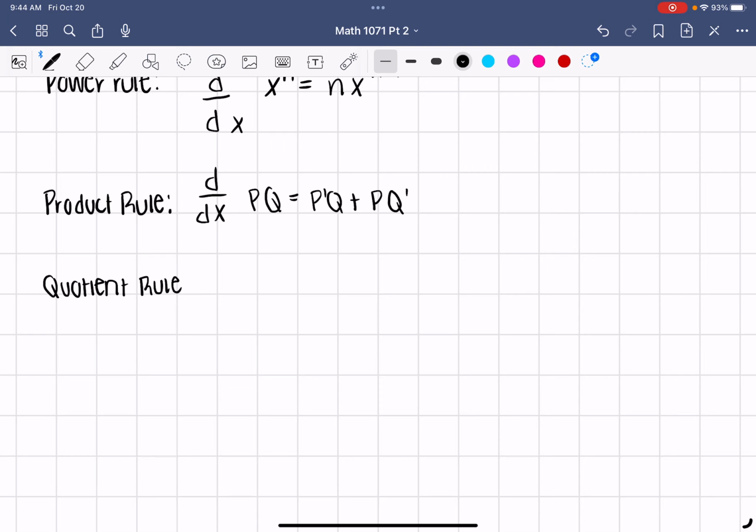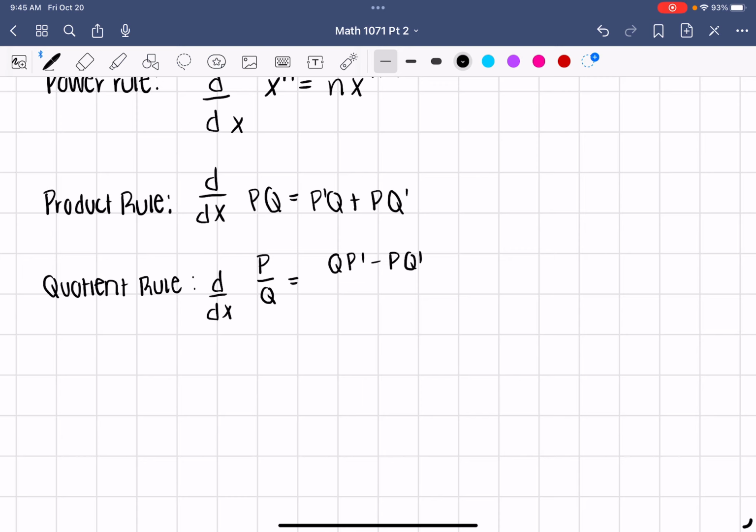So I wanted to summarize these 4 rules because with these 4 rules, I basically can throw at you any function whatsoever, and you can find its derivative. It might be a chain rule inside of a quotient rule inside of a product rule, but you can do it.